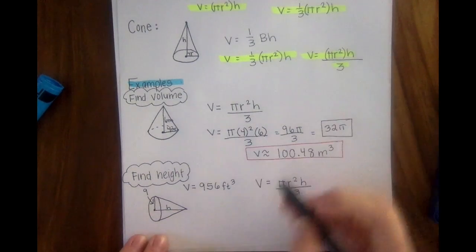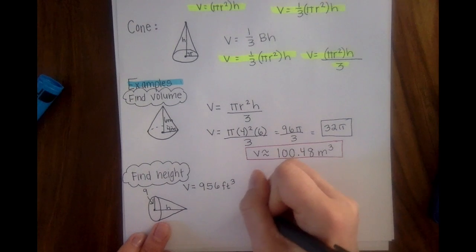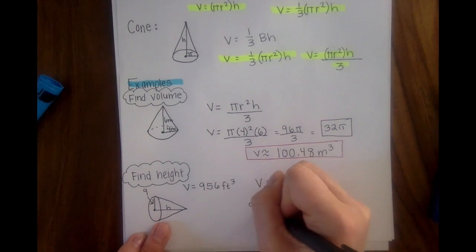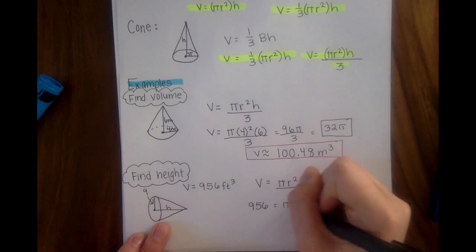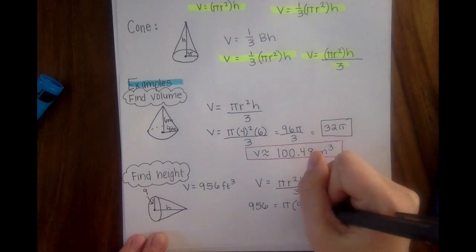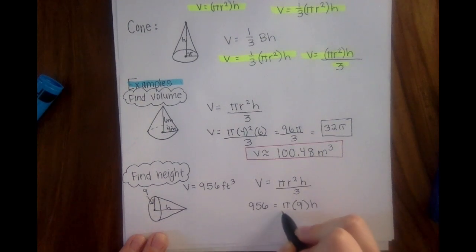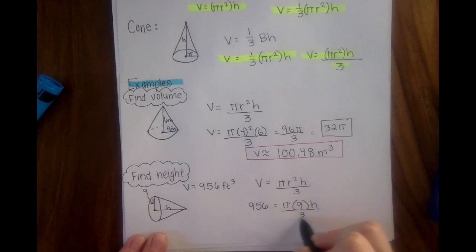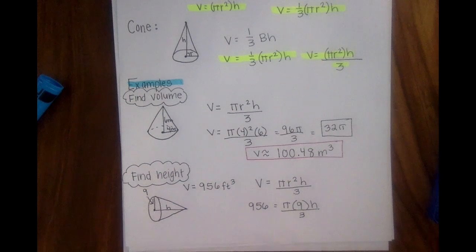Well, this time I know what my volume is, so that's 956, which will be equal to pi times r is 9 squared times h. Well, I don't know h, so I'll leave it at that, and I'll say that this is all divided by 3. So now I can really just start simplifying from here.